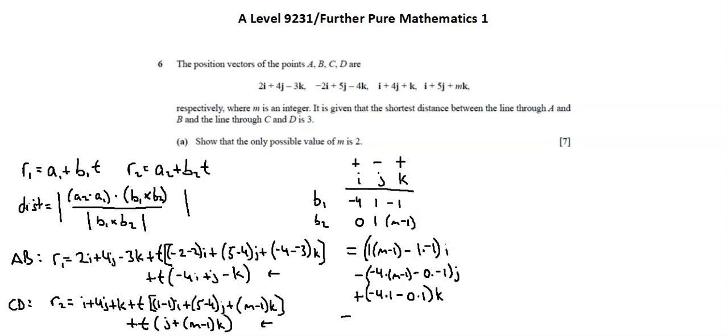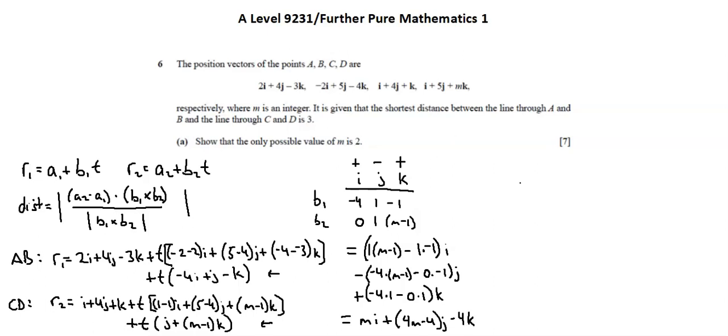When I simplify, the i term is m i, plus the j term is 4m minus 4, j. The k term is negative 4 minus 4k.